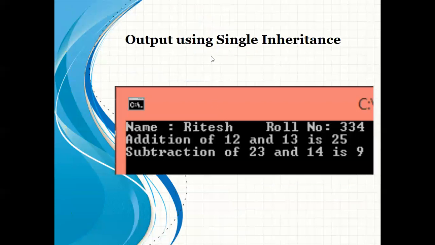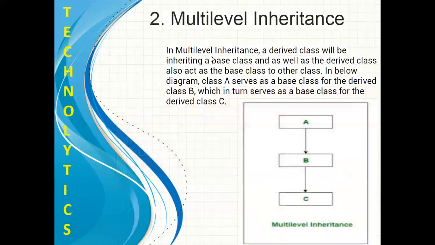So that was about single inheritance. Let's understand the next type of inheritance, that is multi-level inheritance. In multi-level inheritance, a derived class inherits a base class, and the derived class also acts as the base class to another class.